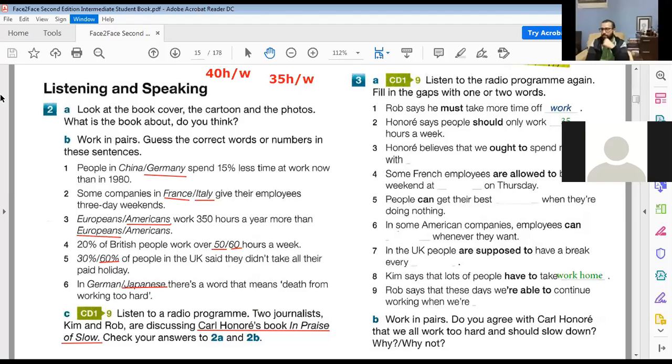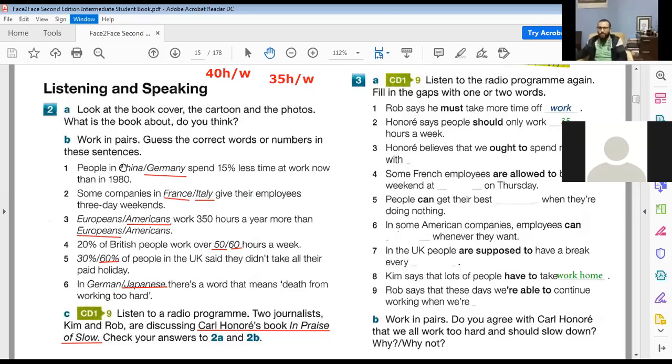Apparently 60% of British people who were interviewed said they didn't take all their paid holiday. No, that's just crazy. And these days, of course, we're able to continue working when we're travelling. You know, on the train or on a plane or whatever. Yes, the Japanese even have a word for it. Karoshi, which means death from working too hard. On that happy note, we'll leave it there.